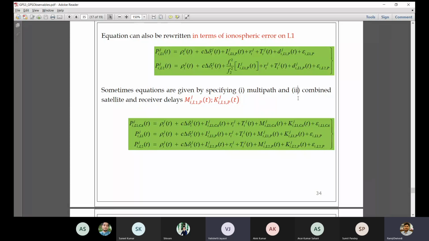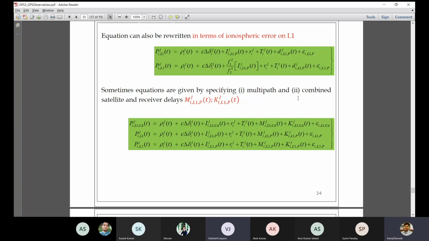So the first term is geometric range, next is ionospheric effects. Second component: error due to satellite and receiver clock synchronization, or error due to receiver satellite clock offset.